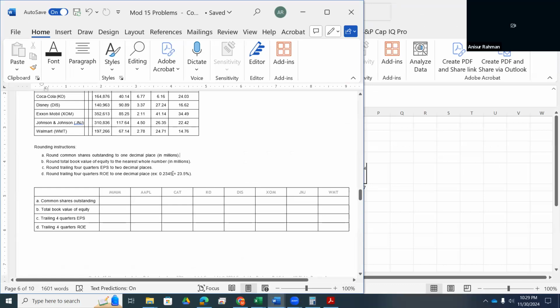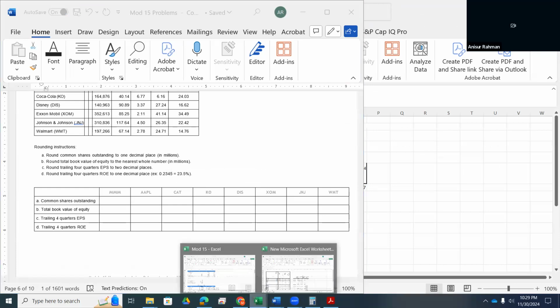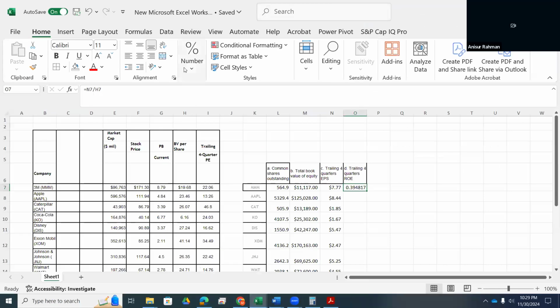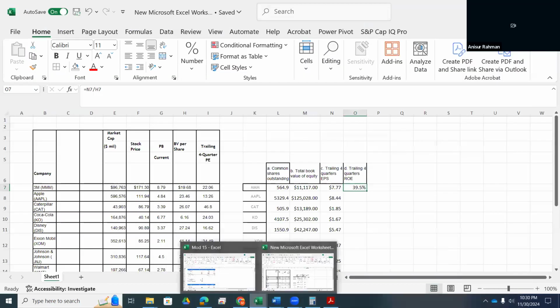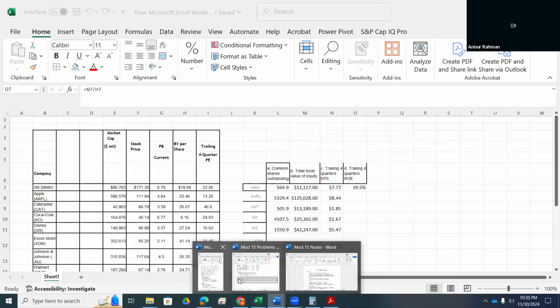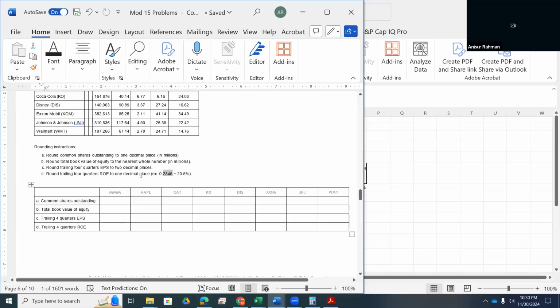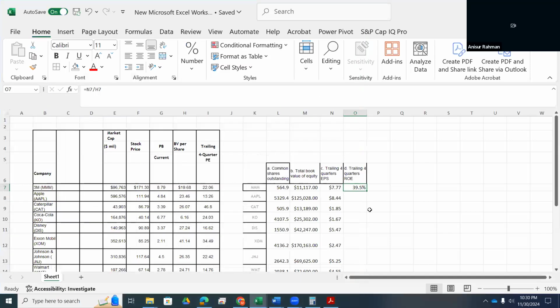So that basically means we need to convert this in percent. Let me convert this in percent. And then one decimal, okay?